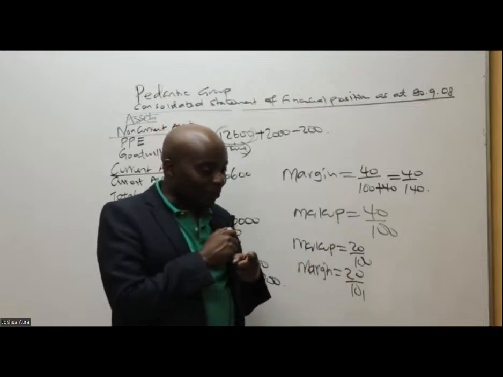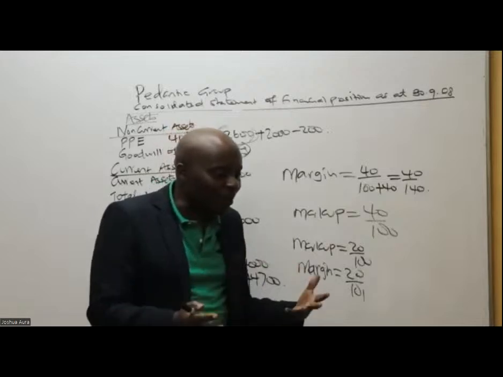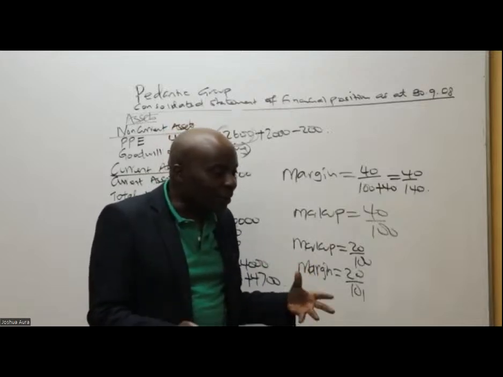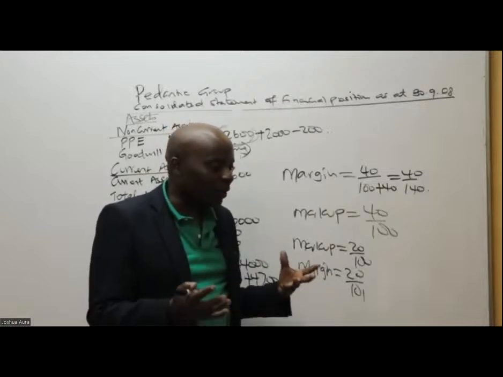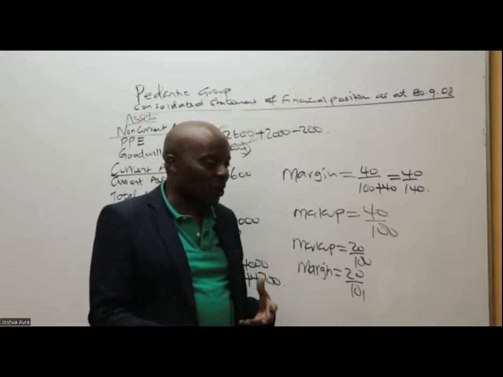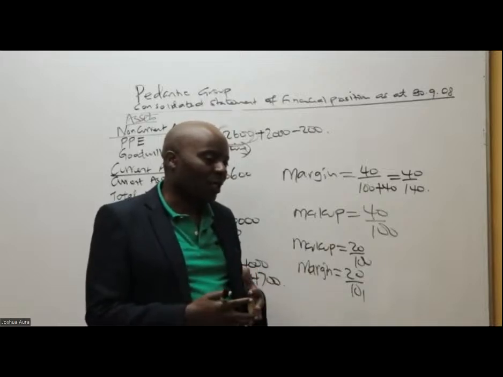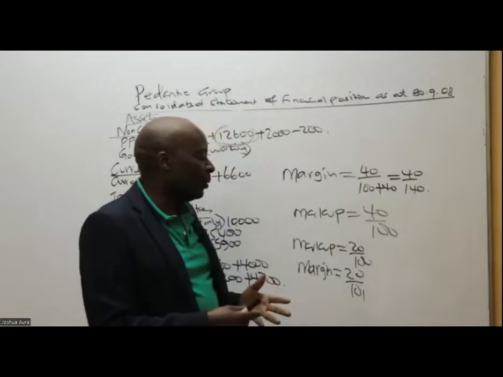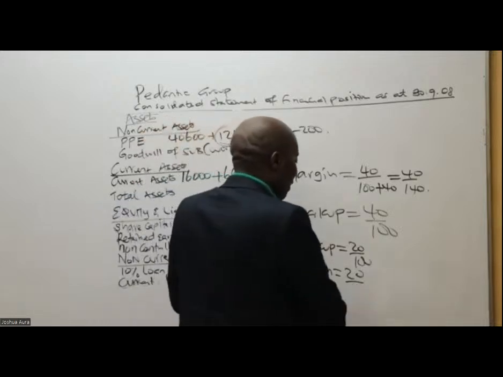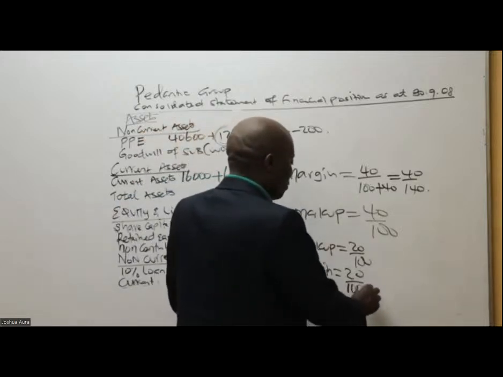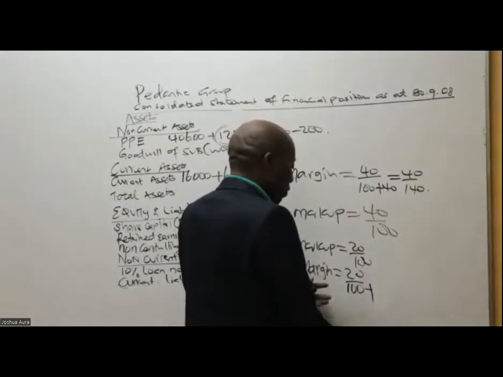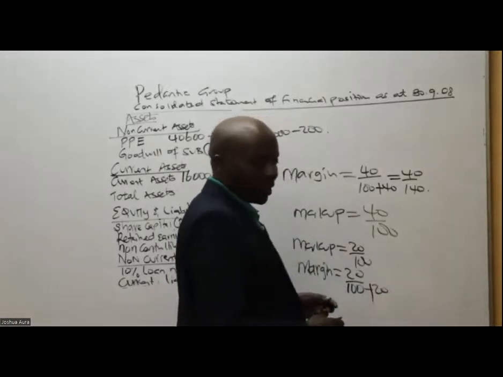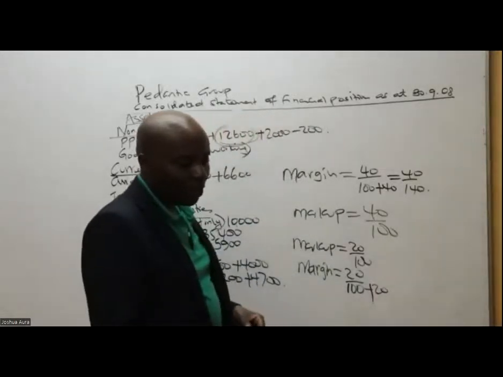No, look, Faith has gone astray. Faith, what have we said just now? We have said margin always has a bigger base. There is no way you can subtract. Could you kindly revoke that answer, Faith? It will be 20 over 100, but because margin has got a bigger base, I will add there so it becomes 20 over 120.